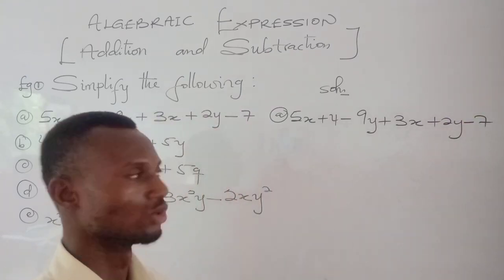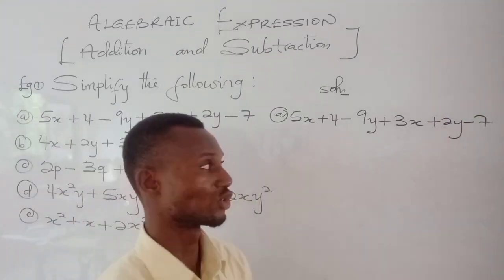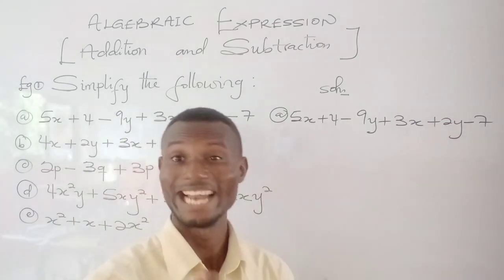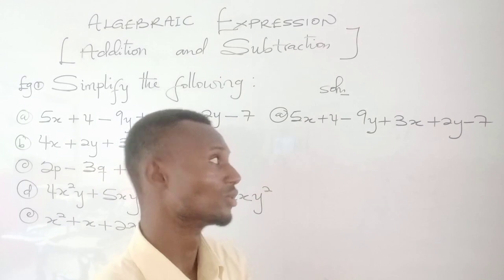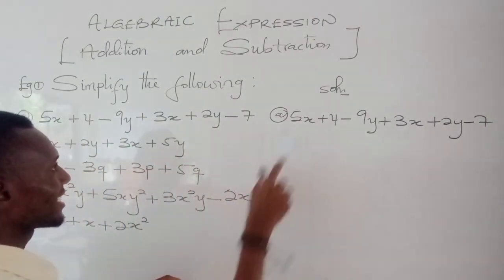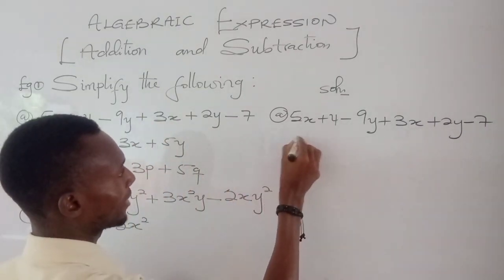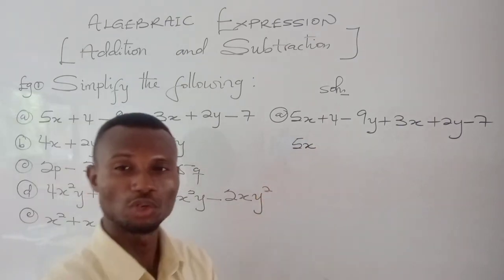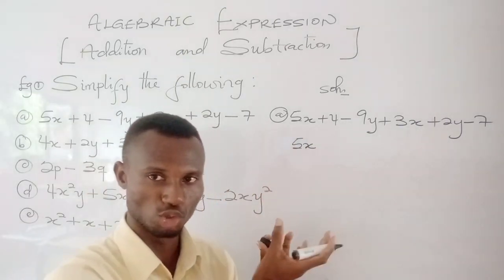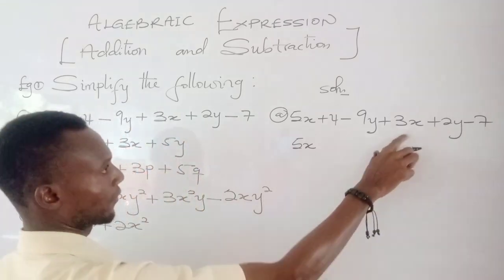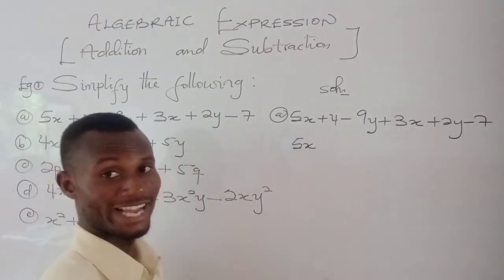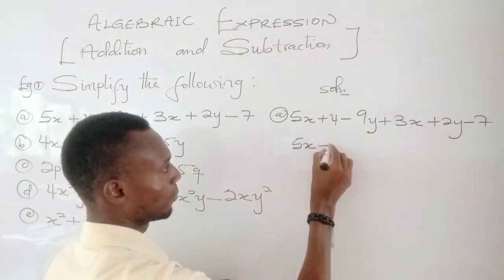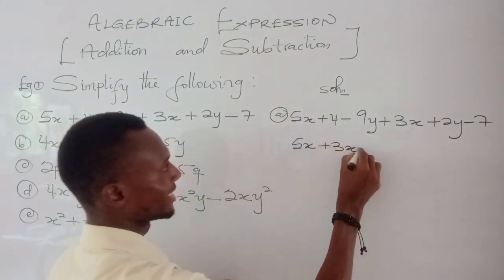We are to simplify this one. What we need to do is first group like terms as I've explained. Let's start with the s. When I pick my 5s, I'm going to look for the one which also has s in it to join with it, which is the 3s here, but you pick it with a sign, very important. So plus the 3s.